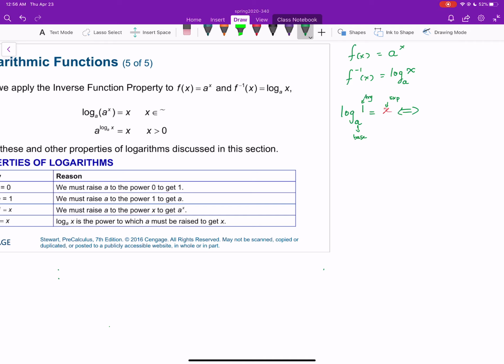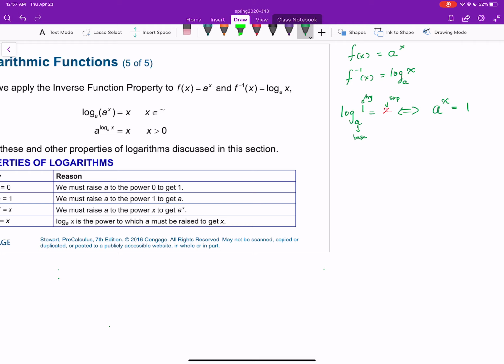So we end up with a to the x is equal to 1. So the question we can ask ourselves is, if you have a base, any base apart from 1, and you raise it to a power, can you think of an x value that will return me 1?